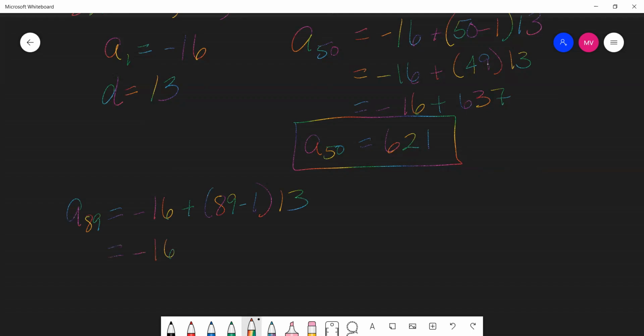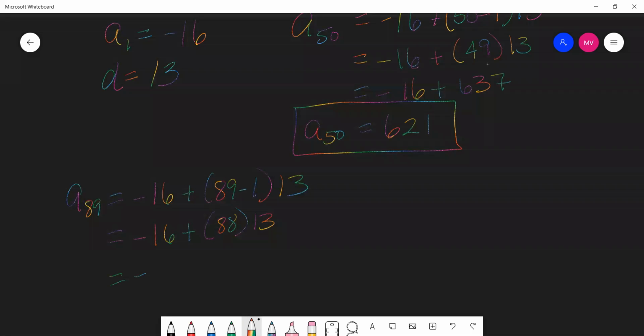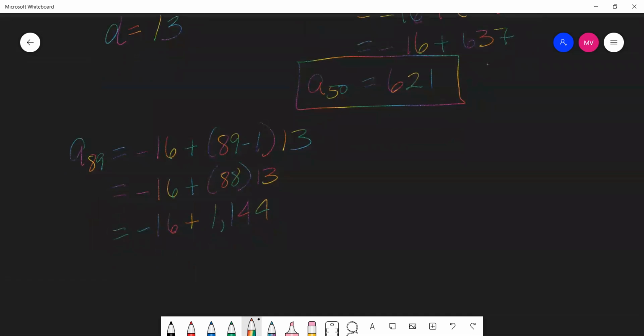Let's do that math. So 89 minus 1 is just 88. 88 times 13 starts to get humongous, negative 16 plus 1,144. So you just need to be able to recognize that that's the same thing as 1,144 minus 16.